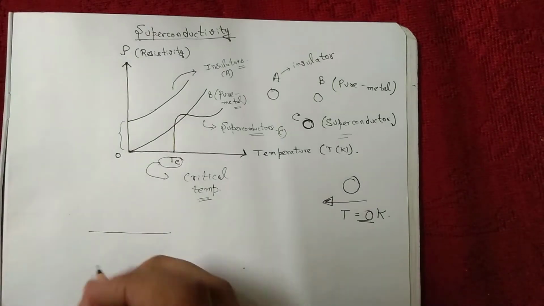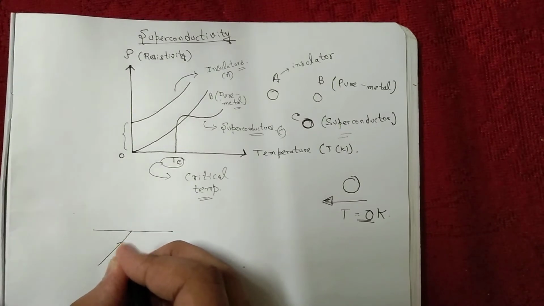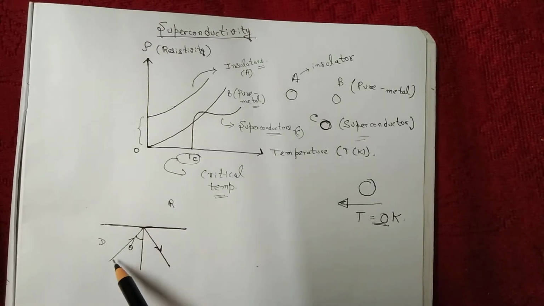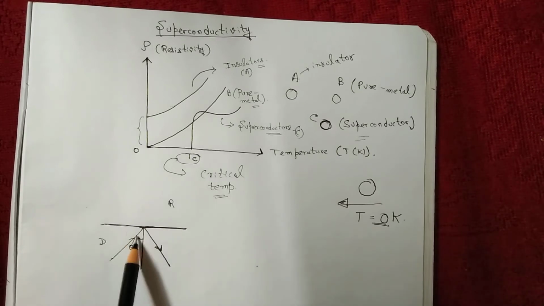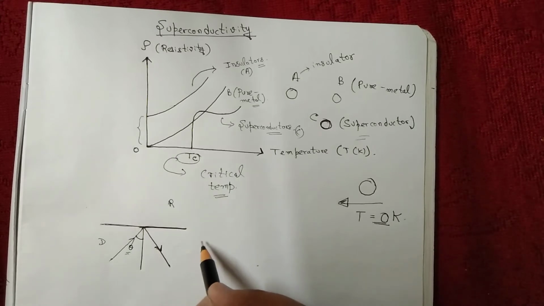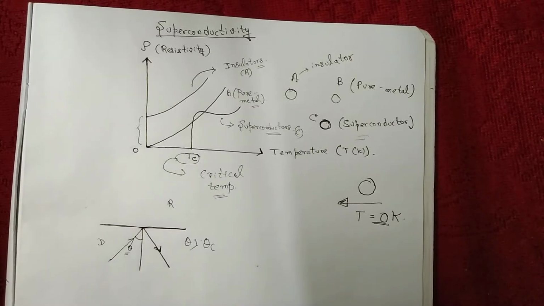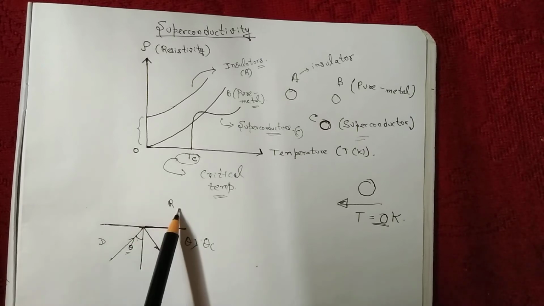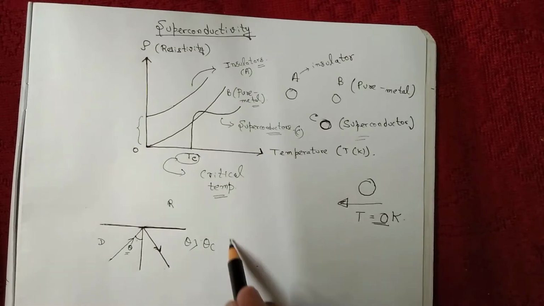In optics, if a ray is coming towards this side, and the angle of incidence is greater than an angle which is known as the critical angle, there will be a total internal reflection. Not a single ray is going to be refracted.